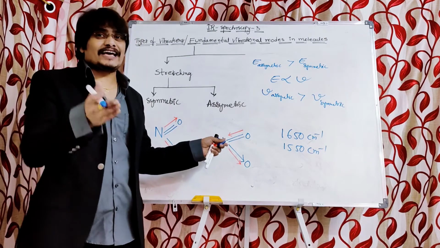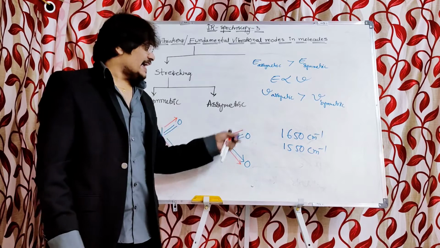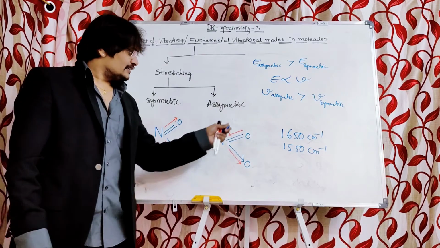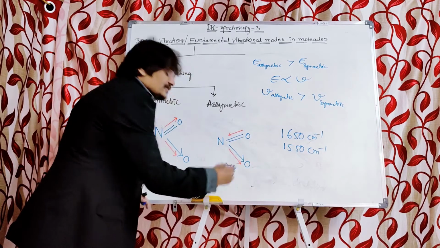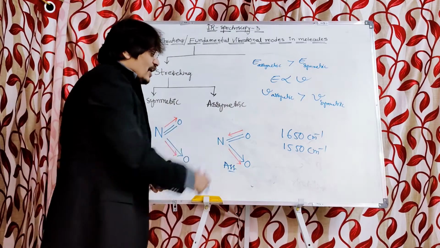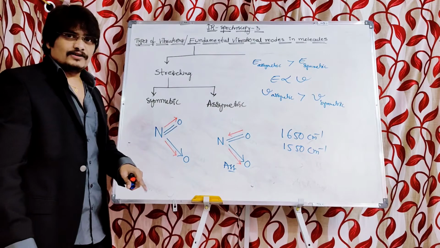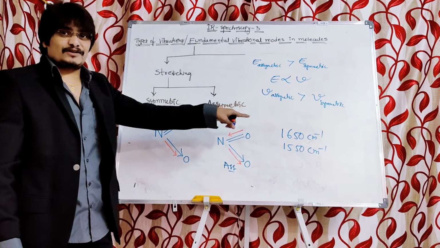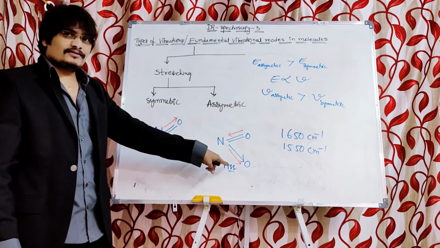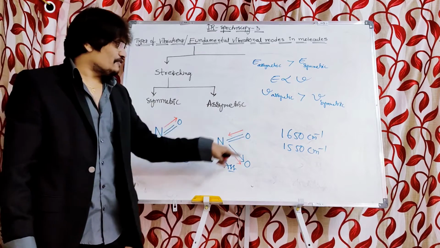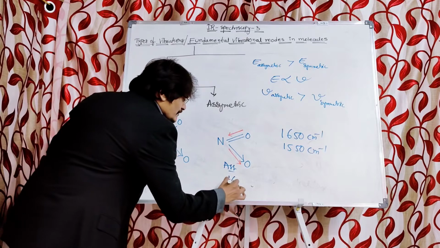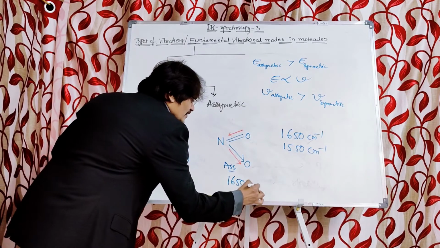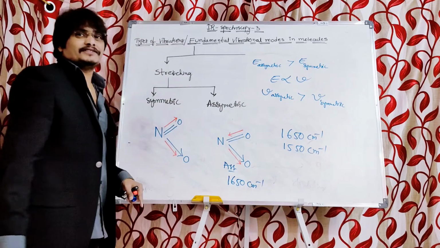because frequency is directly proportional to energy. This is asymmetric stretching, students. Since the energy of asymmetric stretching is more, the frequency is more, because energy is directly proportional to frequency. So the 1650 centimeter inverse value corresponds to asymmetric stretching.